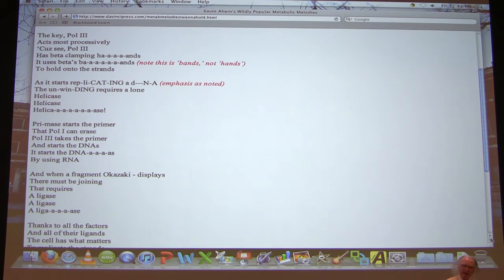The unwinding requires a loan helicase, helicase, helicase. Primase starts the primer that Pol 1 can erase. Pol 3 takes the primer and starts the DNAs. It starts the DNAs by using RNA.